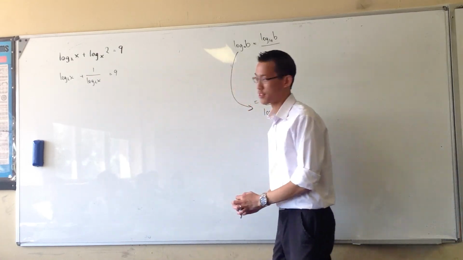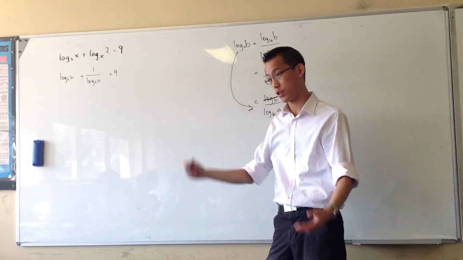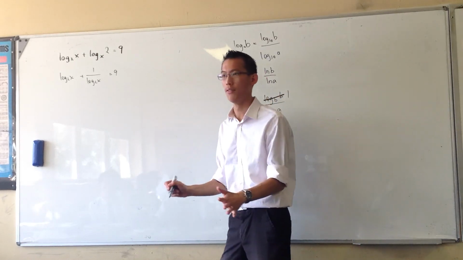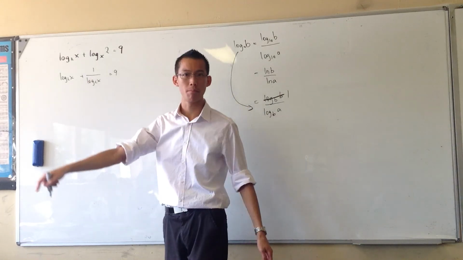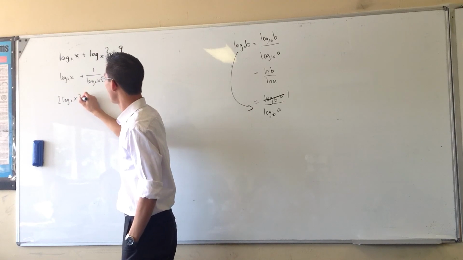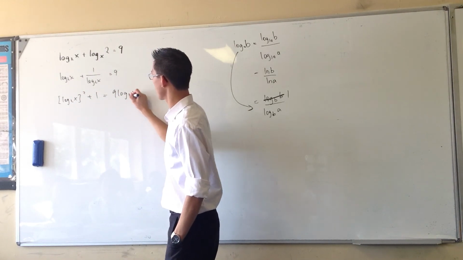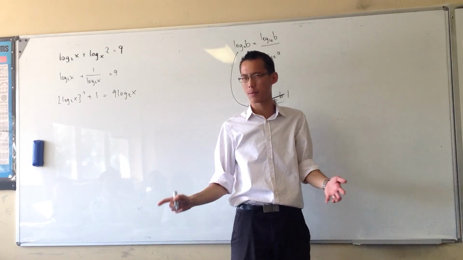Okay? And so this is the second challenge. You need to turn a log question into a quadratics question. Okay? So you cannot avoid multiplying through by log base 2 of x. Okay, so this is what I'm going to get. Now, a lot of you actually did this, but then you thought, oh, that squared term out the front, I've got to be able to do something with that.